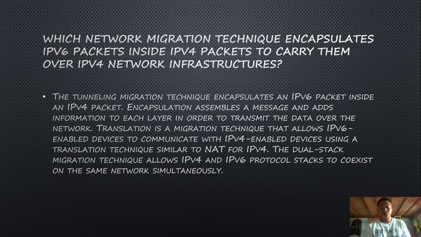Translation is a migration technique that allows IPv6-enabled devices to communicate with IPv4-enabled devices using a translation technique similar to NAT for IPv4. The dual stack migration technique allows IPv4 and IPv6 protocol stacks to coexist on the same network simultaneously.